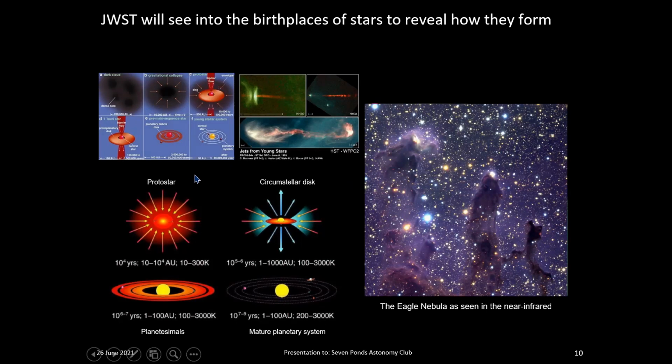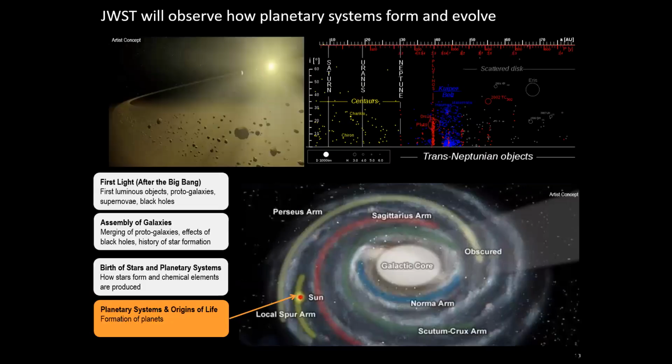And those disks are of great scientific interest because that is where planetary systems are formed. And the Webb telescope will be studying lots and lots of these circumstellar disks to better understand how planets are formed and how things like our solar system form and evolve.